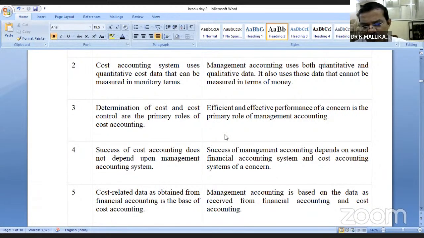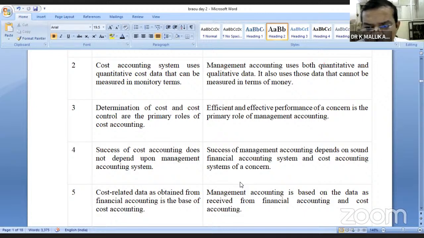Why? Because cost accounting focuses on the cost aspects. They want to know the prime cost, works cost, factory cost, the portion of direct cost and indirect cost involved, and how much cost is variable cost and fixed cost. What is the ratio? All this they want to know in cost accounting.